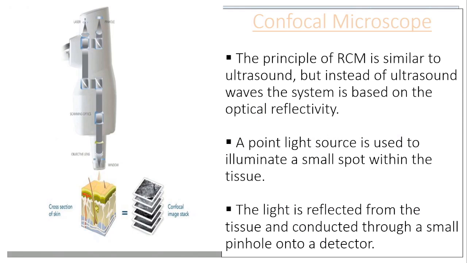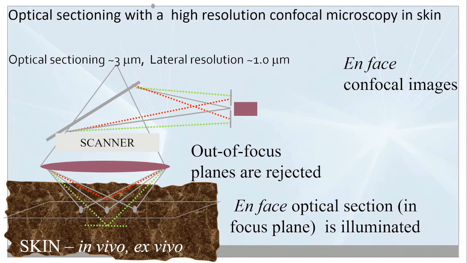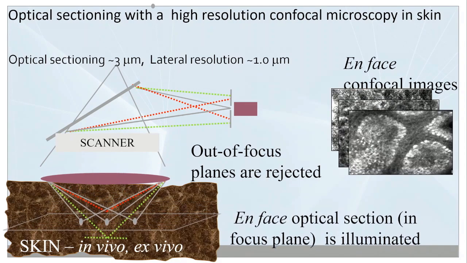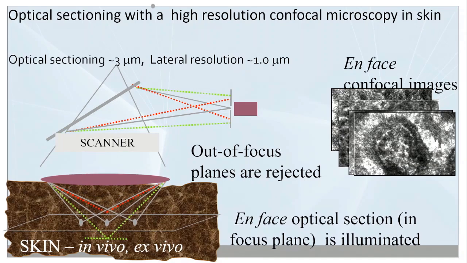And just to let you see, the confocal microscope is similar to ultrasound, but instead of ultrasound waves, it's based on optical reflectivity. There's a light source, it illuminates a spot within the tissue, and then that light is reflected and detected. And you can scan, obviously, in the X, Y, and Z plane, and we get these en face images.